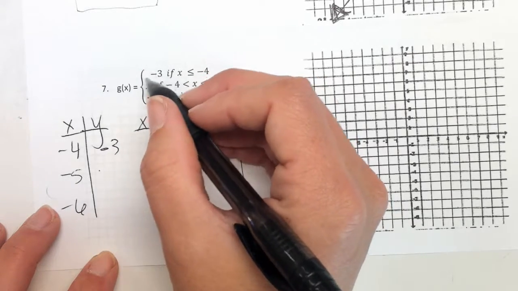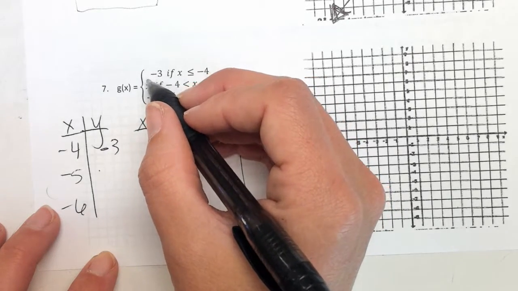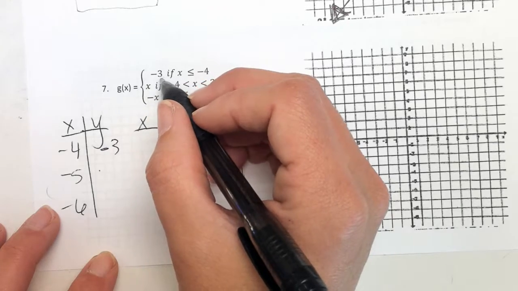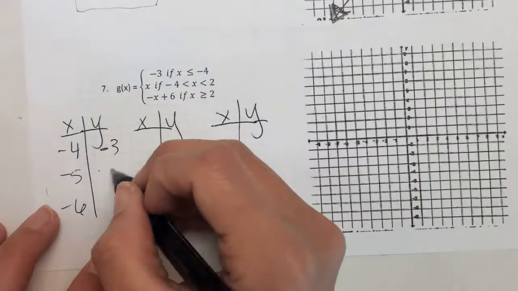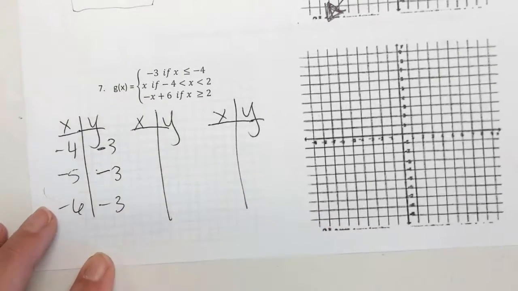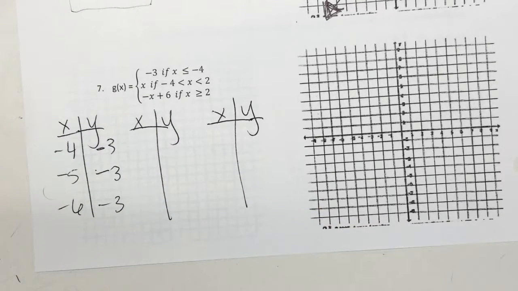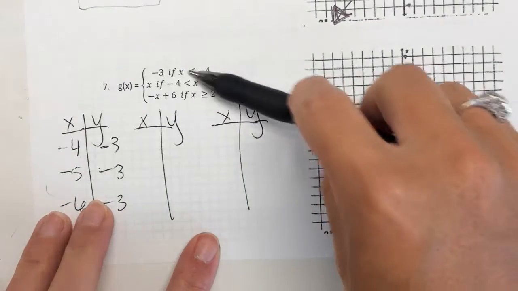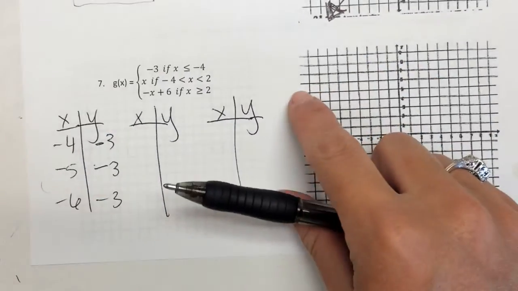But is there any x to plug it in for? Is there an x beside here? Nope. So the value for all of these would be? -3. Yep, just -3. So again, if there's nothing to plug in for x, it's just going to be that value.